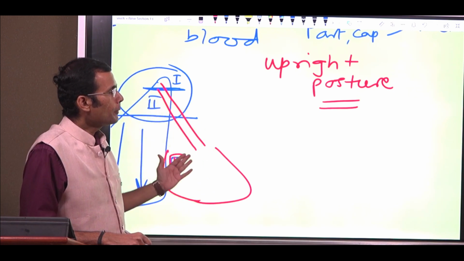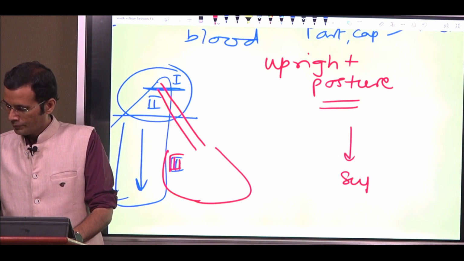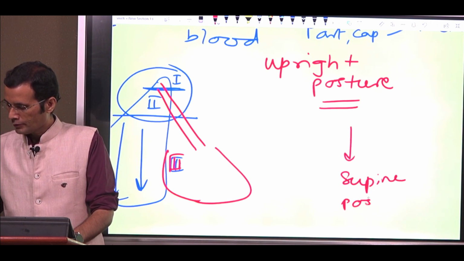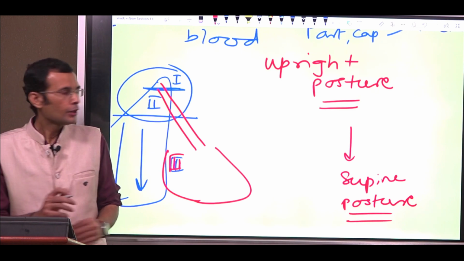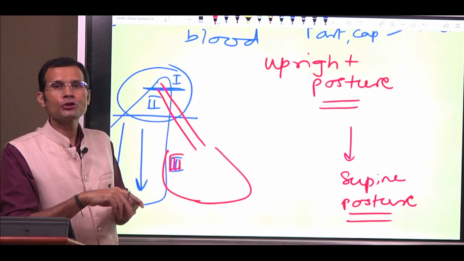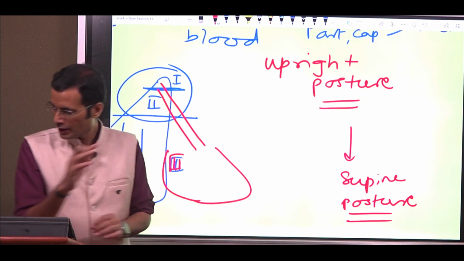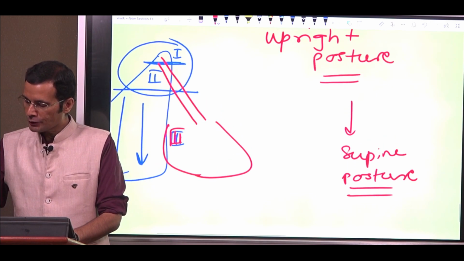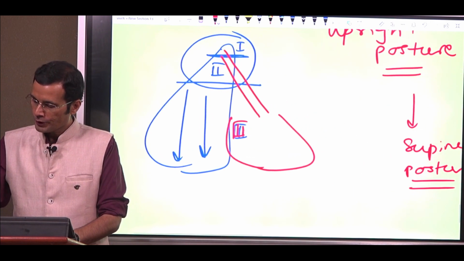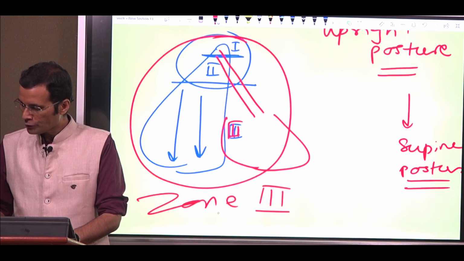Now, if the person goes to the supine posture, what will happen? The person goes from upright to lying down, or supine, posture. The entire lung will get converted into zone 3 type of blood flow, continuous blood flow.